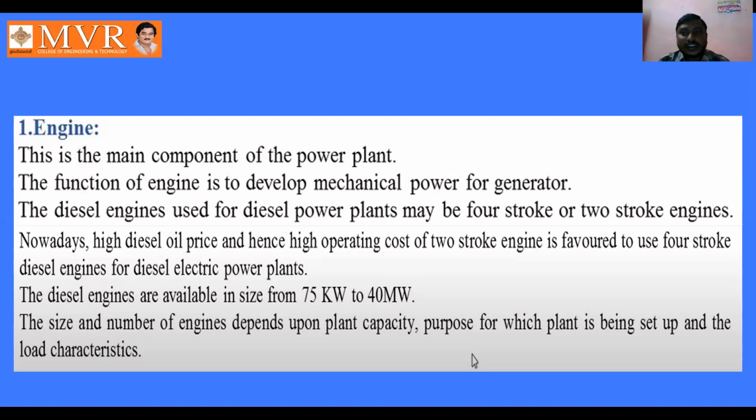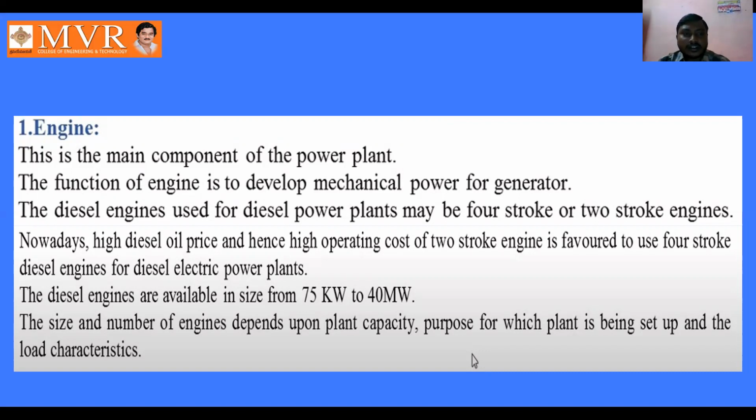The heat energy developed due to the combustion process is converted into mechanical energy. The function of the engine is to develop mechanical power for the generator. At last, by using this diesel power plant, we get mechanical power for the generator.